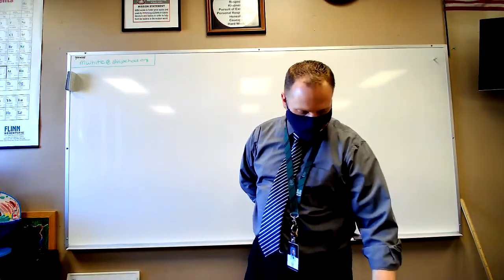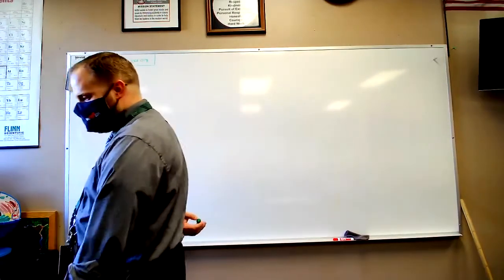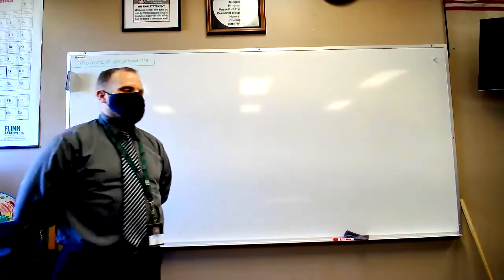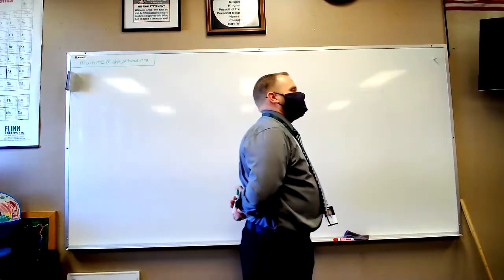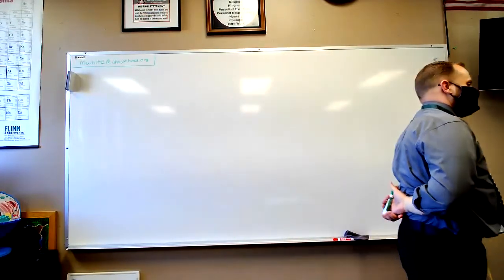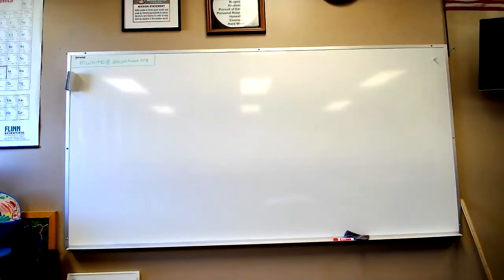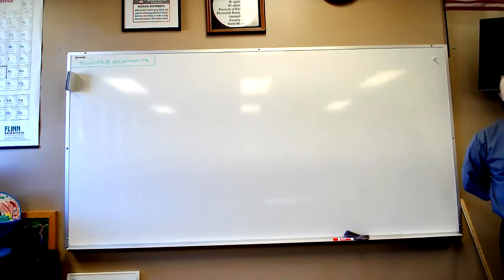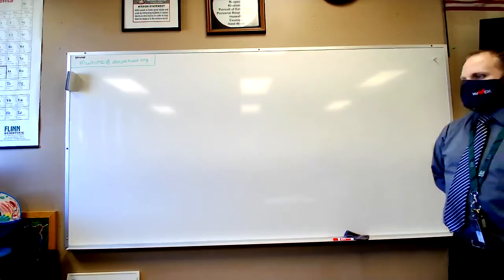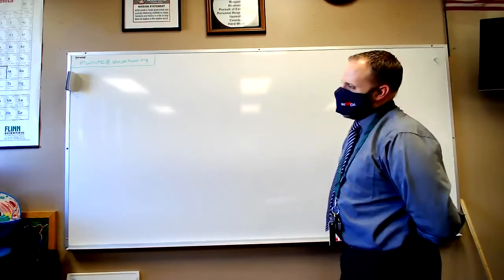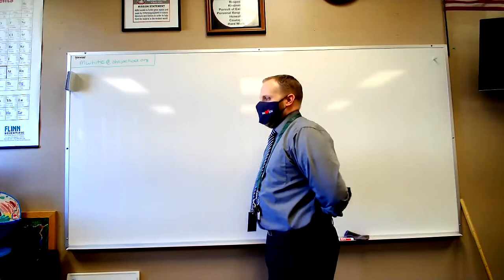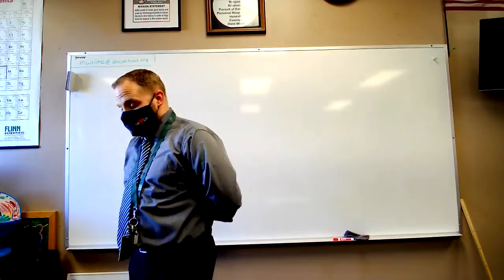Of course, what if we heat up that solution and we dissolve a whole bunch more? Now salt, if you looked at the graph, doesn't really get a whole bunch more, but sugar does.